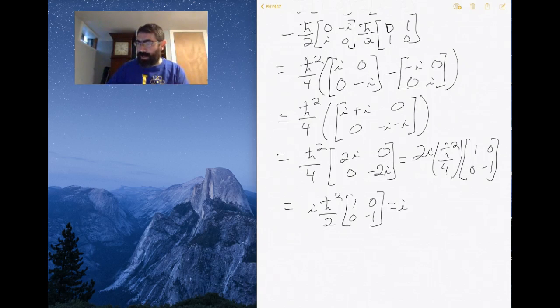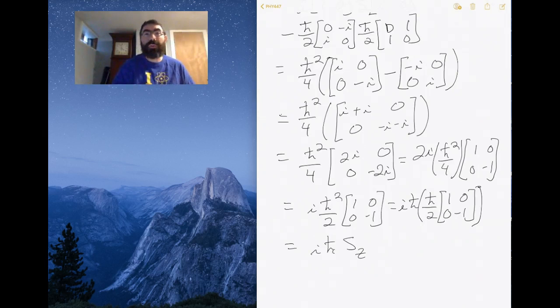And if I separate it, I have i h bar times h bar over 2 times the matrix 1, 0, 0, minus 1, which just happens to be i h bar Sz. So this choice of 2 by 2 matrices for the spin operators worked for this combination.